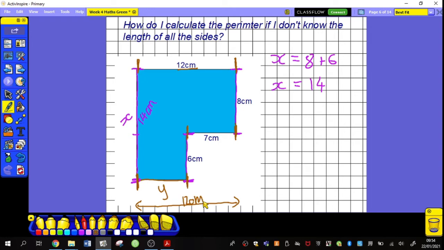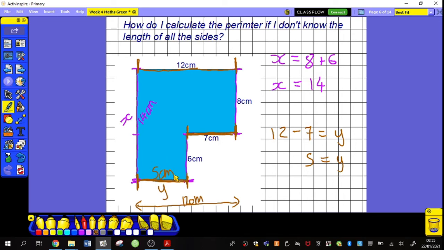Now if I know one part of it, I know the 7, then I can use that knowledge to figure out what the missing part is. So if I have the whole distance at the top, 12 centimetres, and I subtract the bit I know here, that's going to give me the bit I don't, the Y. So if I subtract 7, that must mean that 5 equals my missing length. My missing length must equal 5 centimetres.